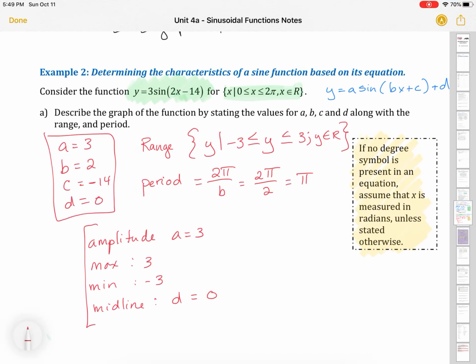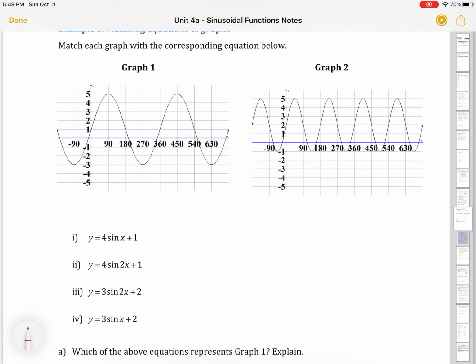Okay, matching graphs to equations. So sometimes you're going to get a graph and it's going to say which graph goes with which. So we've got 2 graphs here and we've got 4 different equations. So we want to know which graphs are which. Now remember, we can look at these graphs and figure some things out.